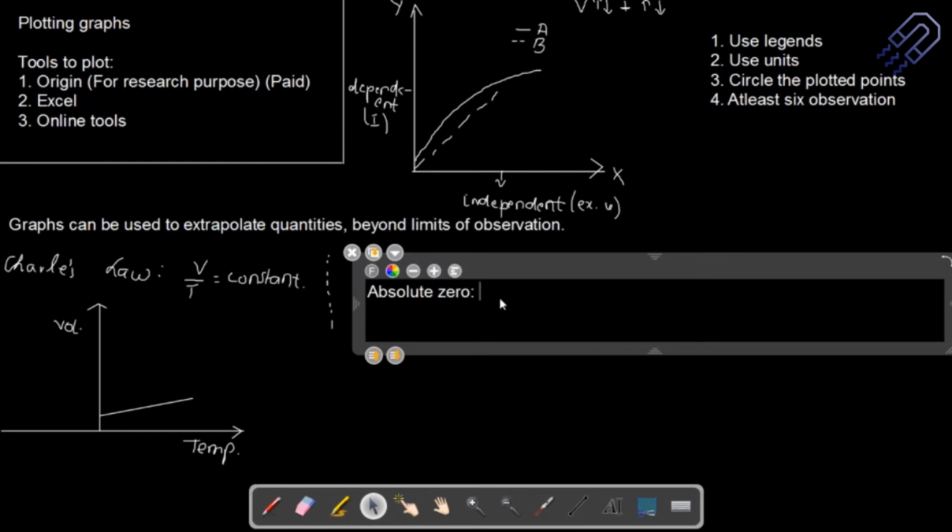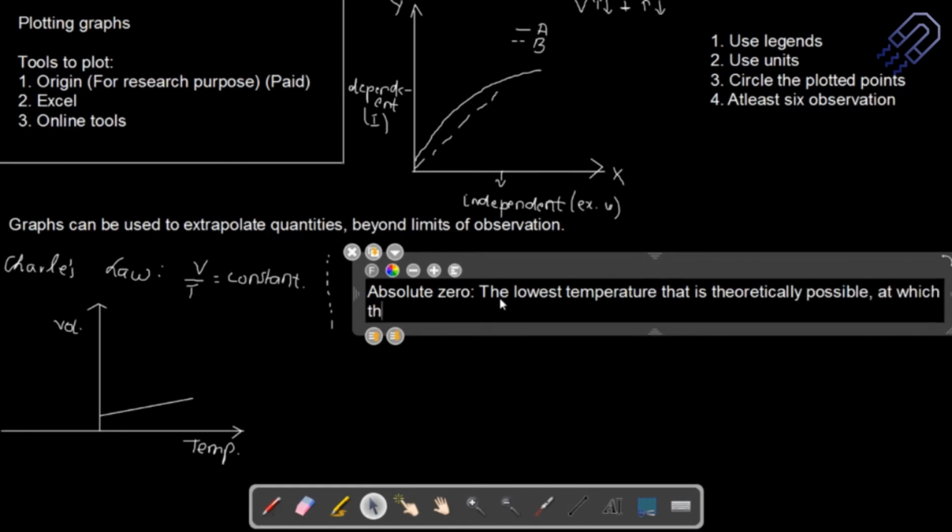That is the beauty of knowing the definition of absolute zero. Before I go to that, I can just write down the definition here. The lowest temperature, and this is the important word, that is theoretically possible, at which the motion of particles which constitutes the heat, basically whenever there is any heat being given out by a particle, it is nothing but the motion of the particle.